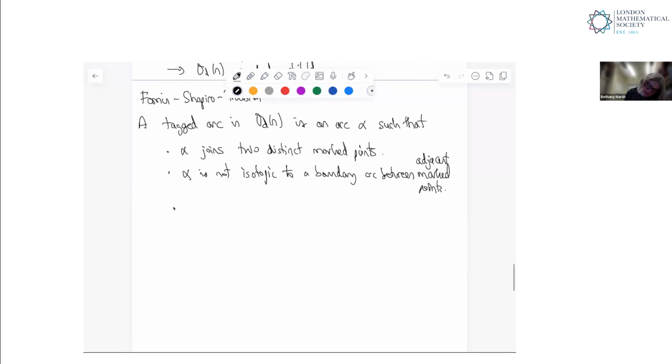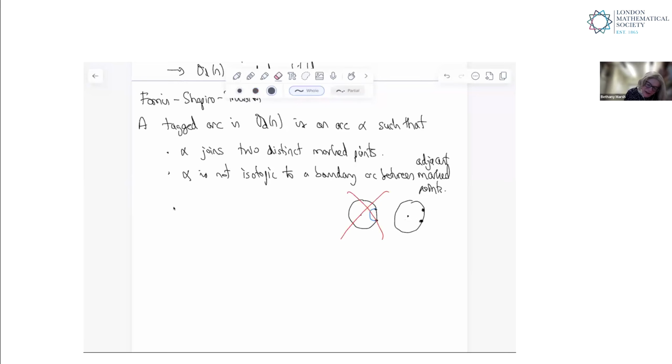So we might have 2 adjacent marked points and we might have this. Okay, perhaps I'll draw it in blue. That's not allowed. But if you did this, if you went round the cone point, that would be okay.